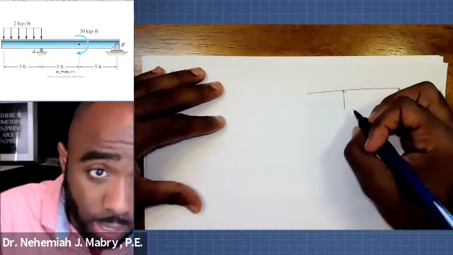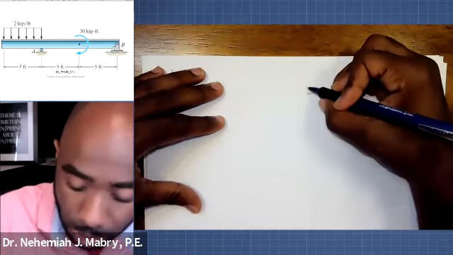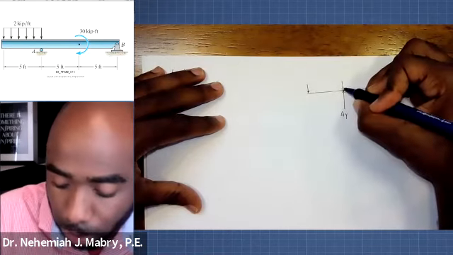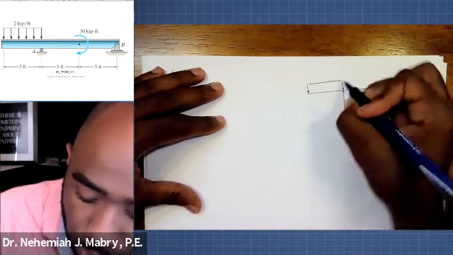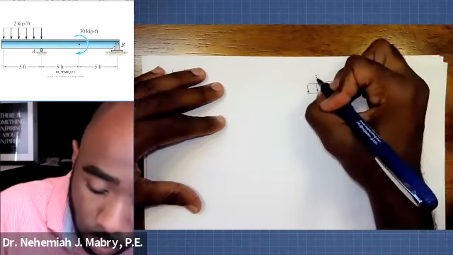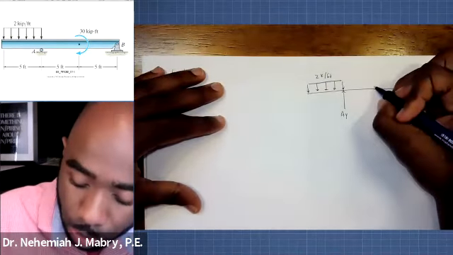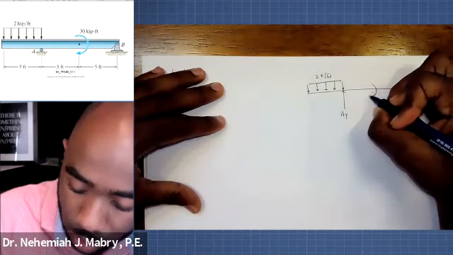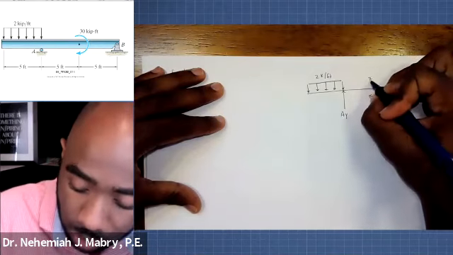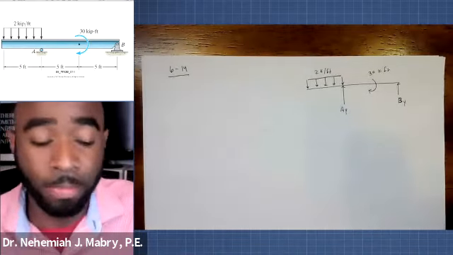I'll call that an A, so AY. Obviously, we had our distributed load happening from the very end onto point A. This is 2 kips per foot. And then we have this little point here where there's a moment. You'll see exactly how we handle this in just a second. 30 kip foot moment.